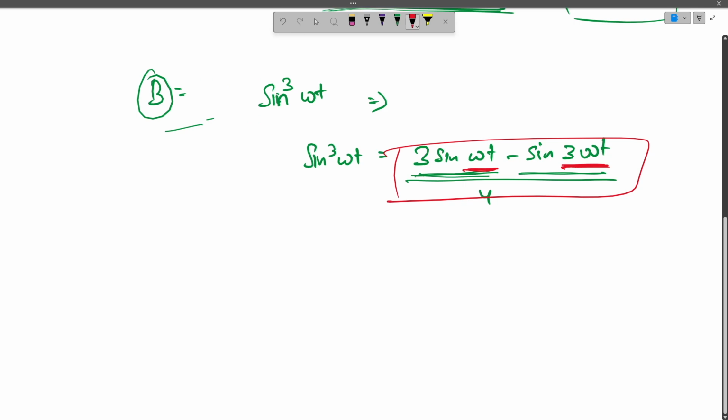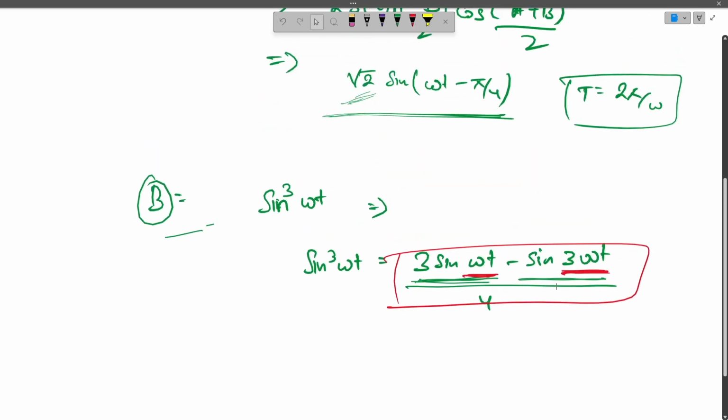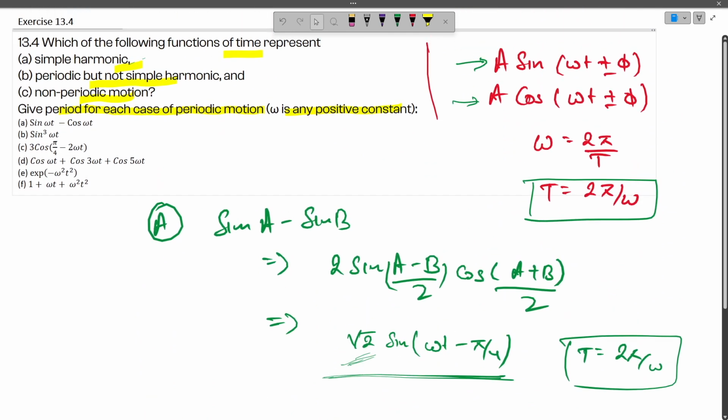We can find the time period using the technique we talked about earlier: whatever is in the coefficient of the variable t, we equate it to omega, and omega equals 2 pi by T, so T equals 2 pi by omega.